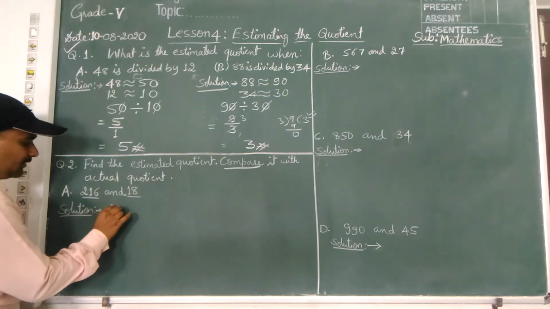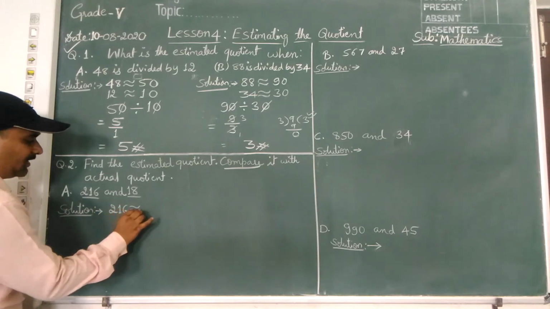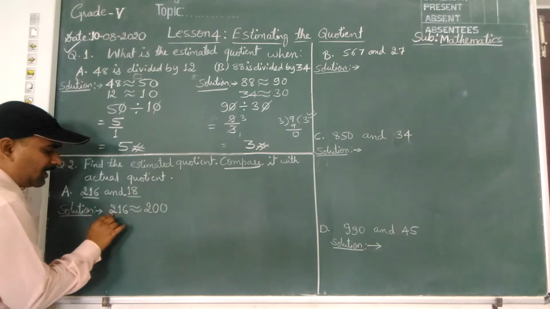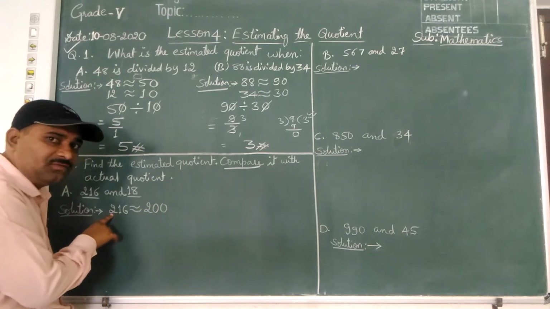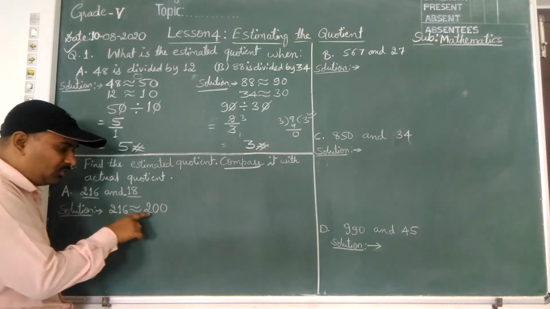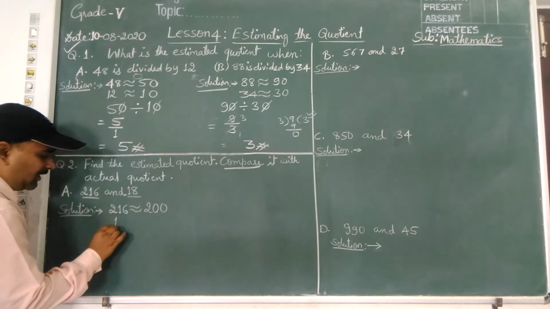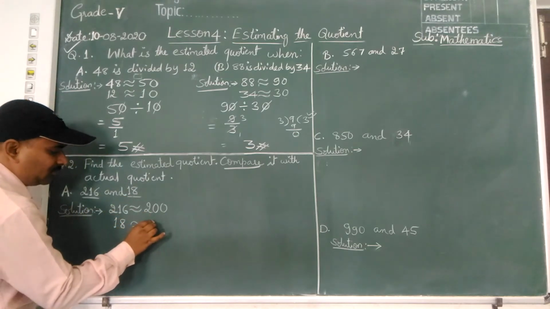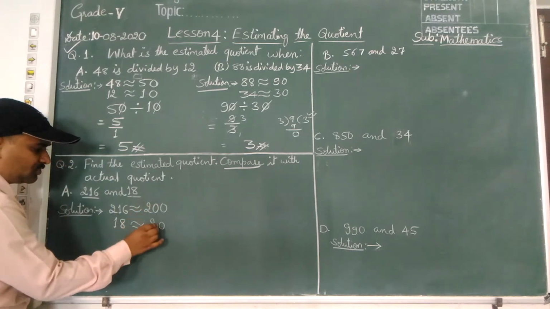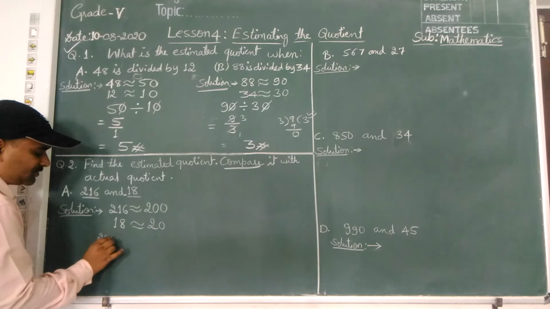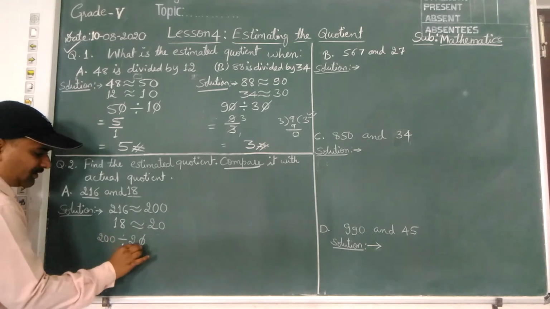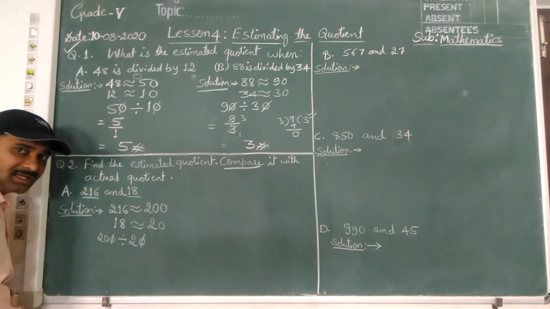216. Its estimated number, 216 is nearer to 200. We should round off to the highest place. The highest place is 100. So 200. 18, estimate to 20. See children, now we should divide these two. That is 200 divided by 20. 1 zero from here, 1 zero from here get cancelled.